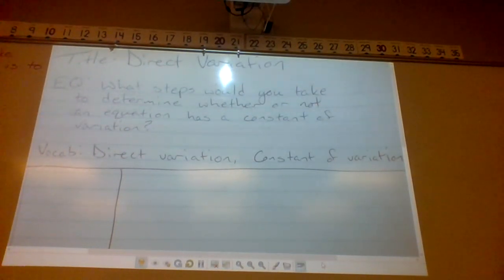So the constant rate of change and a constant variation are very similar. In fact, I'll be honest with everyone, I don't know why we need two lessons on this. I don't know why they have to be separated. It's weird. But we want to talk about it.